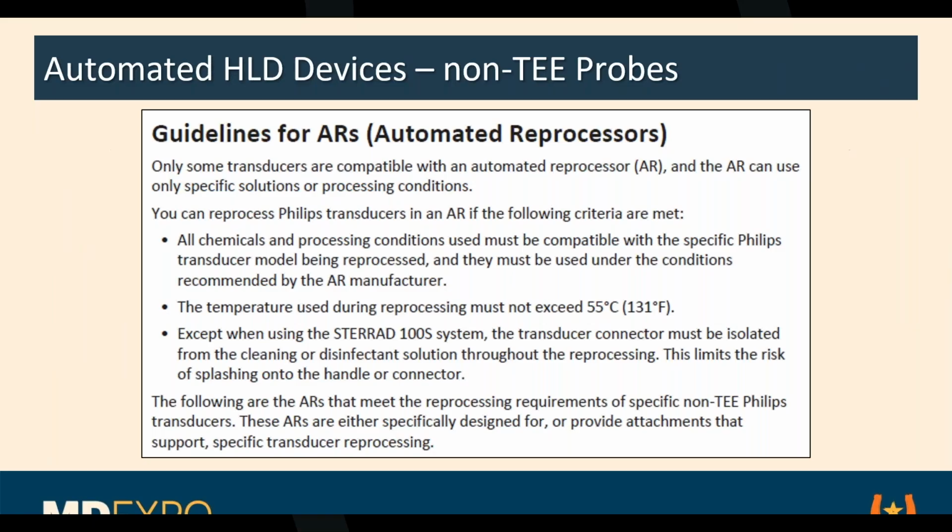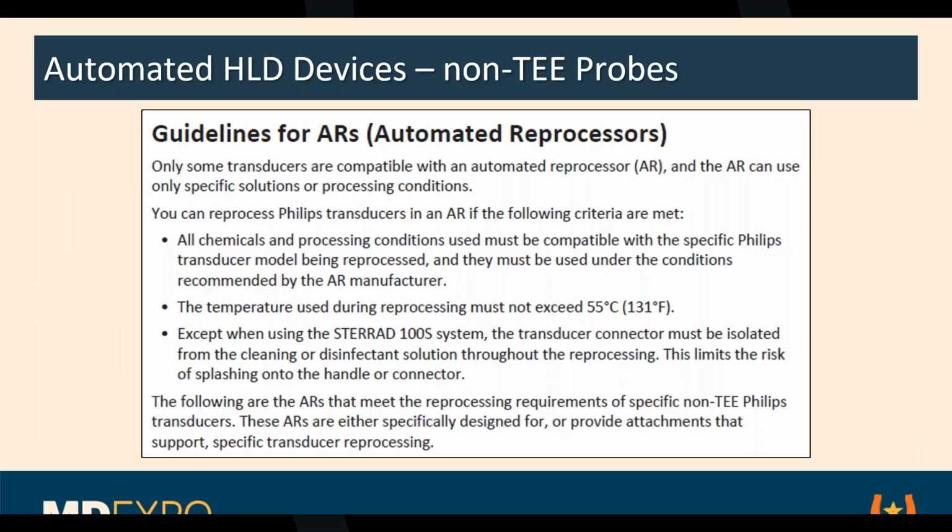So the guidelines for using automated reprocessors are included in the original equipment manufacturer's probe IFUs. And it'll say that only some transducers are compatible with automated reprocessors. So please read everything in there, because the sonographer and the physician aren't going to read those.